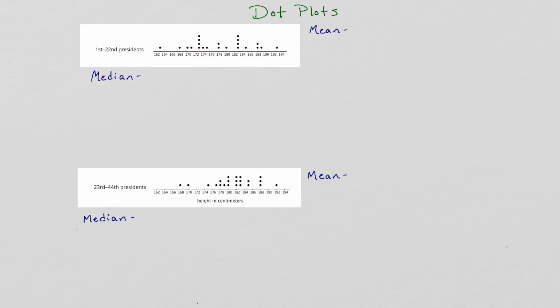So what we're going to do, the easiest to find is the median. And you guys got some practice in the last lesson finding medians of small groups of numbers. But here we know that because it's the first president through the 22nd, we have 22 pieces of data.